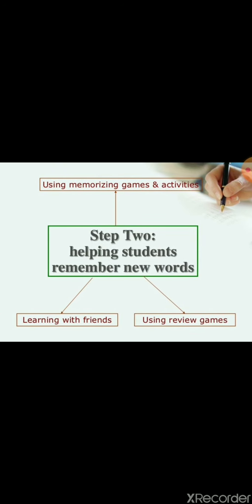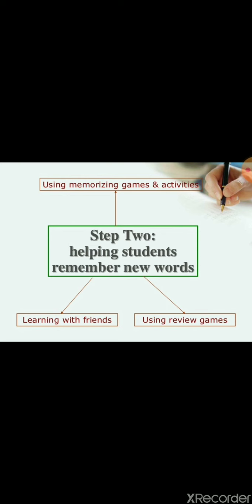Number 2, what we need to do is use memorizing games and activities as you are learning, because I told you that you need to work on your skill of improving vocabulary. How to do that? Repetition, your Facebook comments, long sentences, using new words in your daily speaking. So these are the things which you need to do.